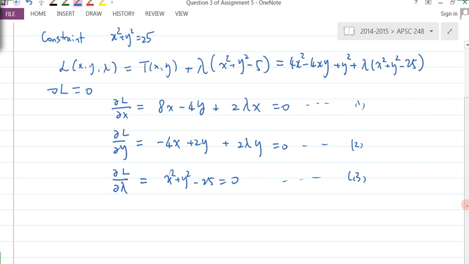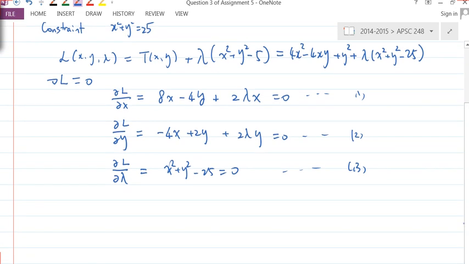In the lecture and the other examples that I gave you, what I typically say is from equation number 1 or 2, you solve for lambda, and then substitute in the other one. For example, solve for lambda from here, substitute here, so you'll get an equation in terms of x and y. Then together with equation number 3, you can solve for x and y.